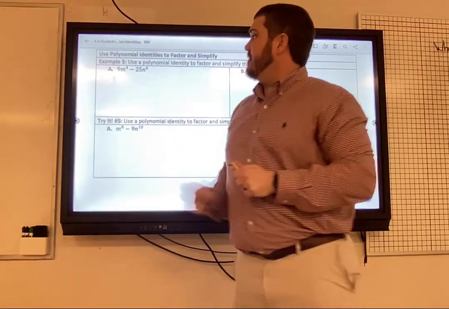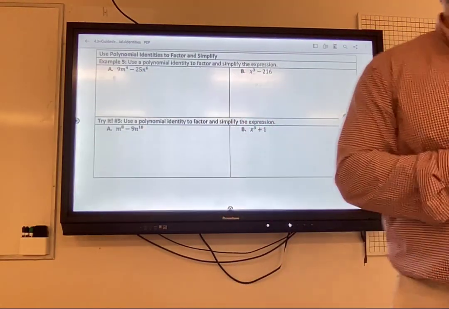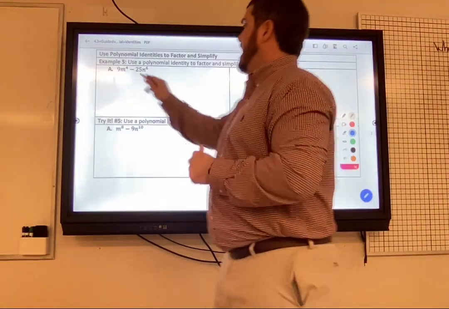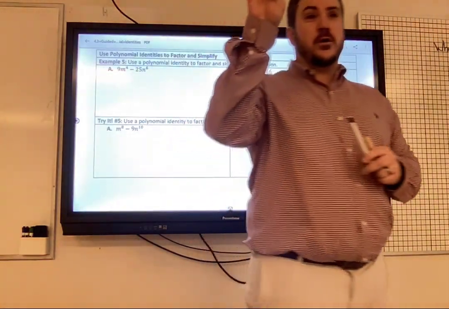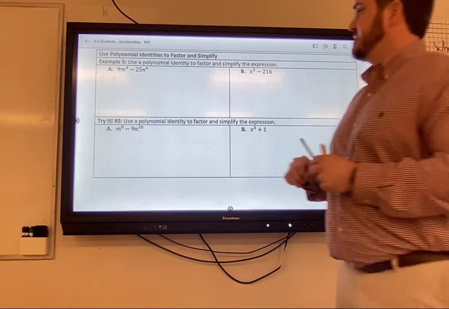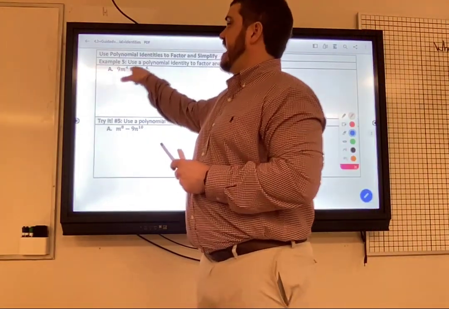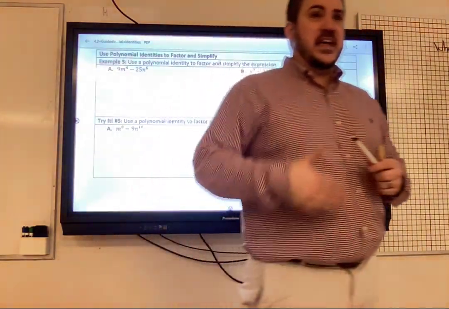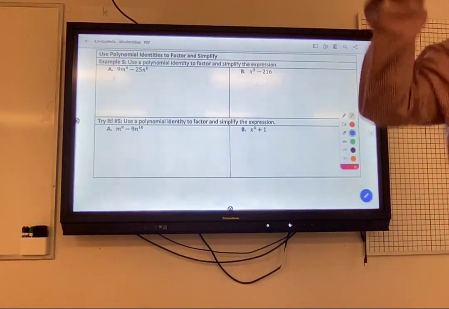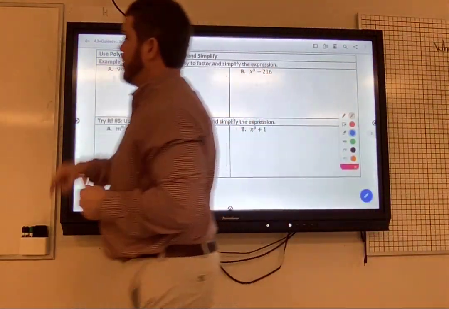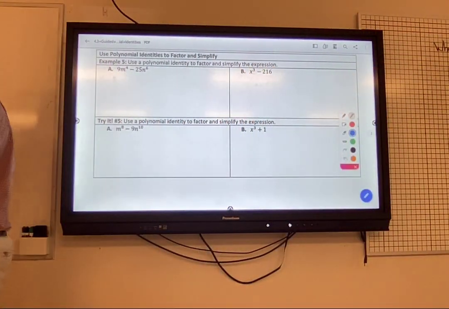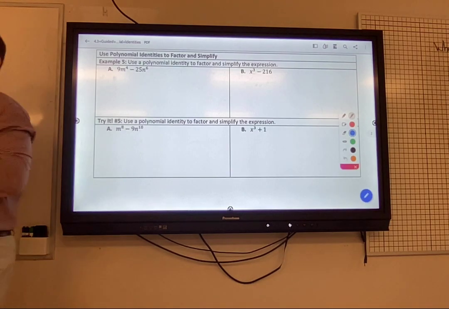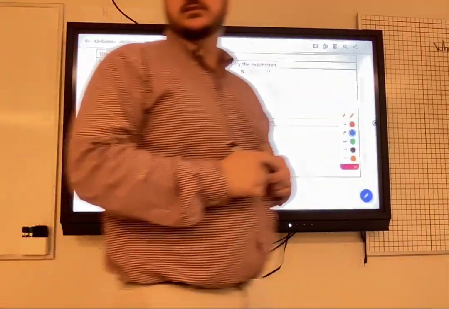All right. I'm going to take example 5a. I realize you have exponents of 4 and 6. But look at your numbers in front, 9 and 25. I'll give you a hint. When you have even exponents and you have perfect squares in front, you can still apply the difference of squares.